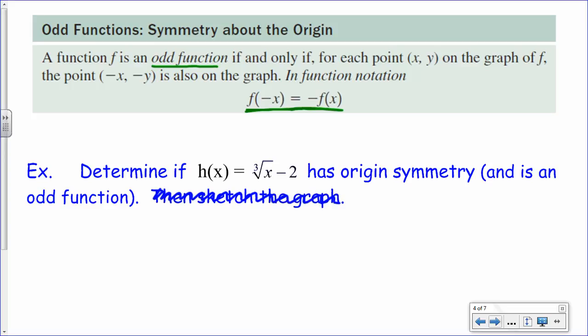Then it has origin symmetry. So that means it has rotational symmetry, like 180 degrees. I'll show you what that looks like.